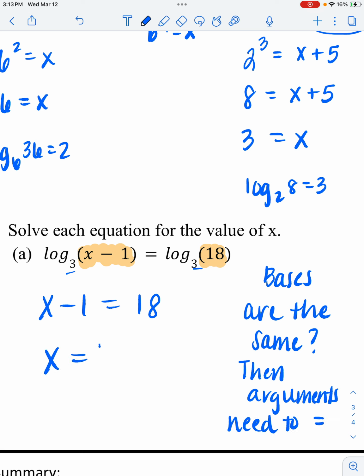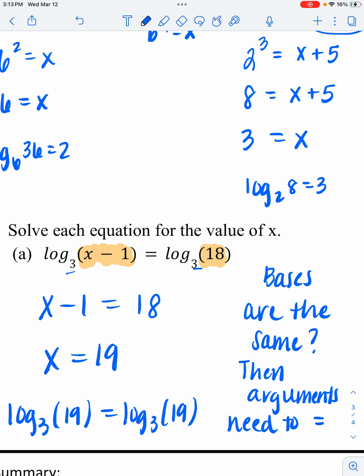So x equals 19. And that should make sense, because log base 3 of 19 should equal log base 3 of 19, because they're the exact same thing. And the 18, sorry, plugged that in wrong. Okay, 18, when I plug in the 19, should equal 18, since this is coming from 19 minus 1.